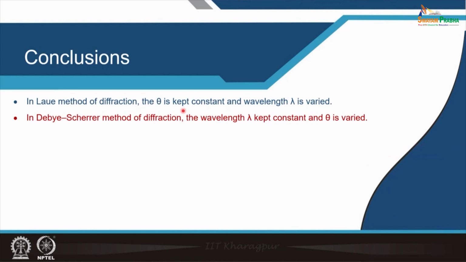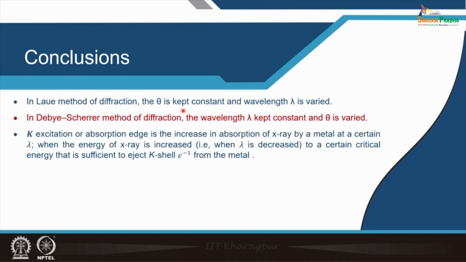On the other hand, with the advent of characteristic radiations and the increased use of filters like nickel filter for copper, we can use the Debye-Scherrer powder method of diffraction, where lambda can be kept constant. That means characteristic wavelength K alpha radiation can be obtained, and theta is varied to obtain various HKL diffraction information from various metals and alloys.